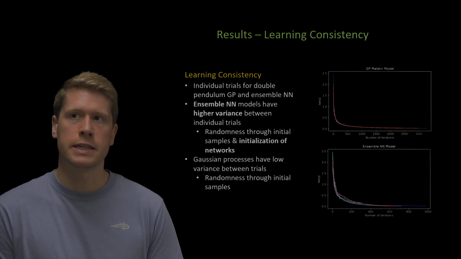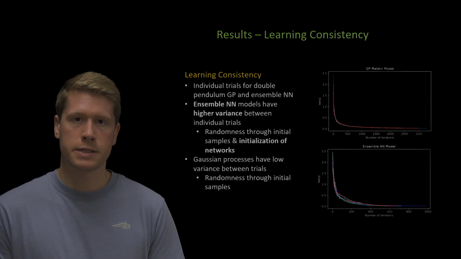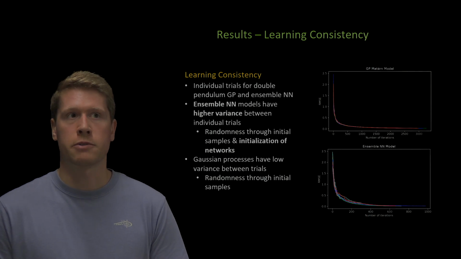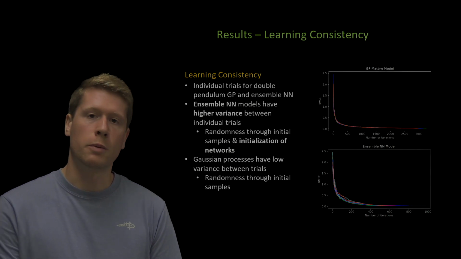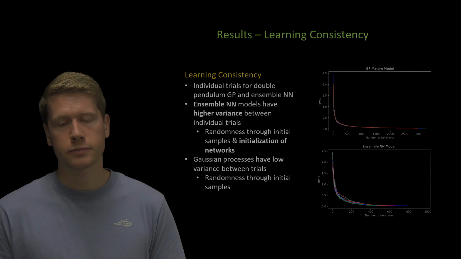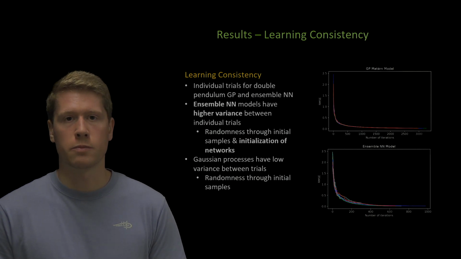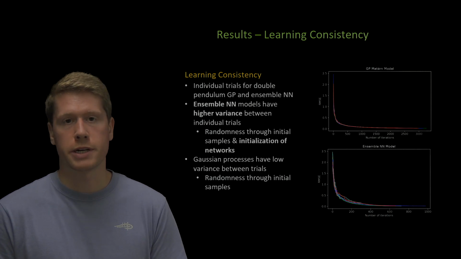The reason for this is that all models have some randomness because we selected the first 2 training samples randomly, but the ensemble neural networks have a much higher inherent randomness. This is because we have random initialization of the weights, and then we forward propagate this randomness by doing stochastic gradient descent. If people want to reduce this variance, they can simply include more models in the ensemble at the cost of compute time.